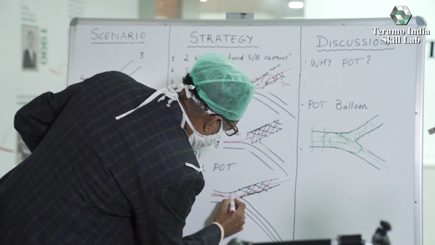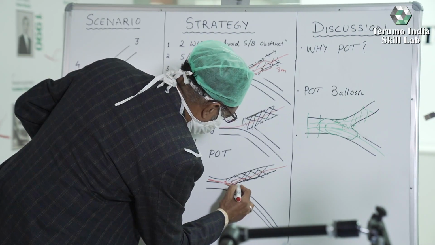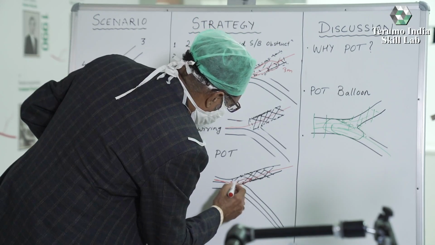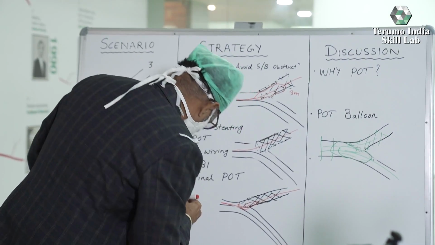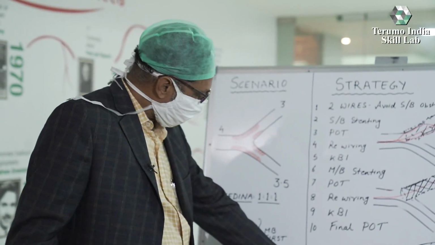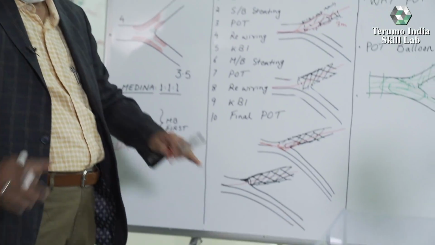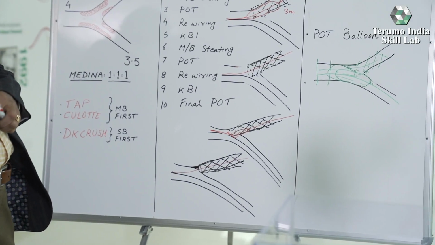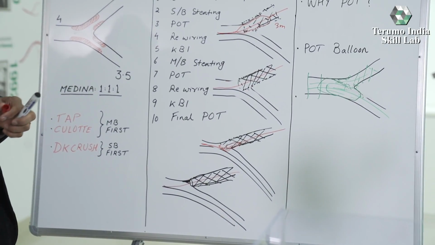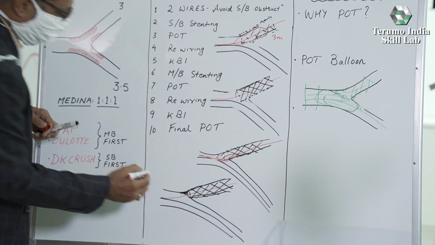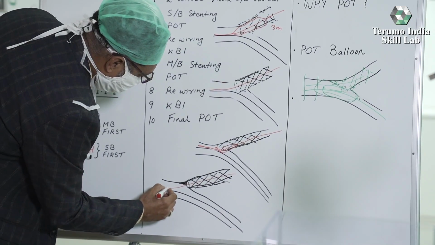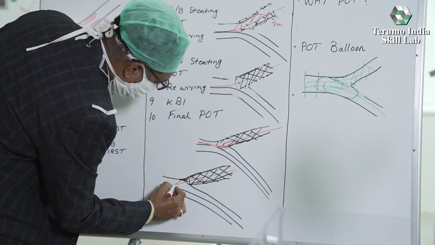On this wire we passed a balloon, we opened the struts, and then got wider and wider. Once you got this good ostial opening of the stent following passage of the wire through the crushed stent, then we did the first kissing.